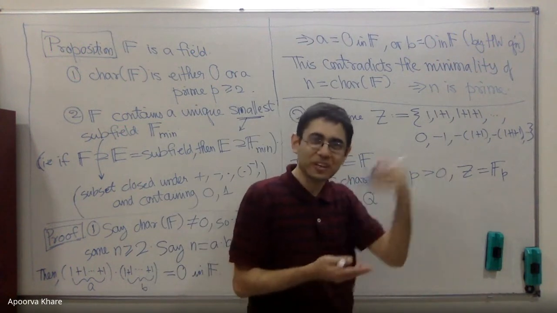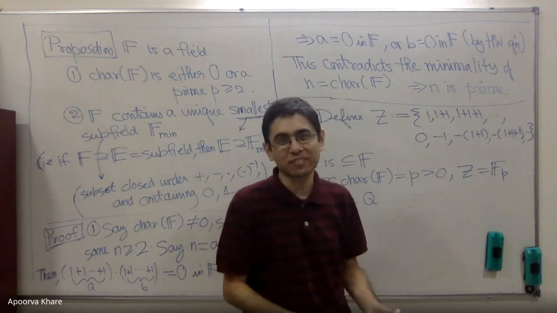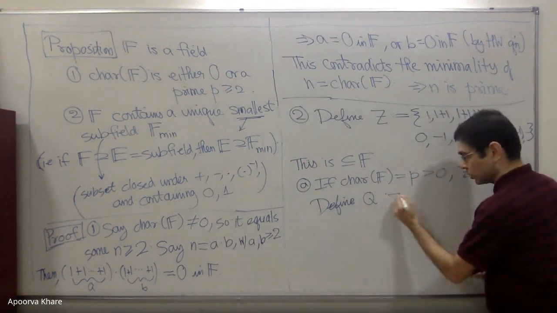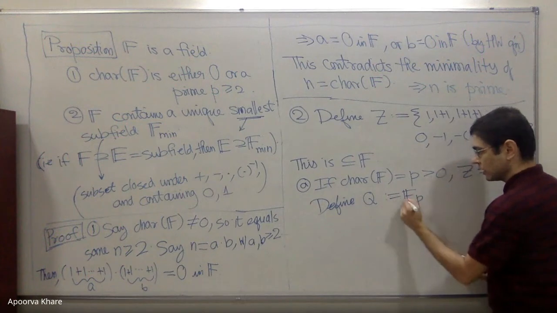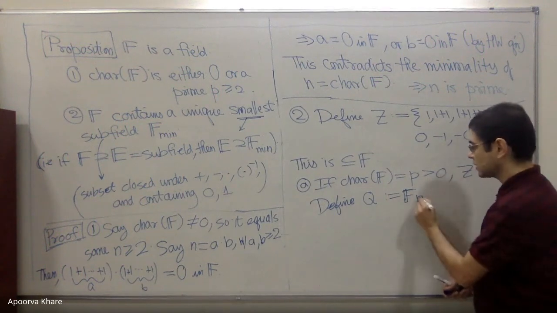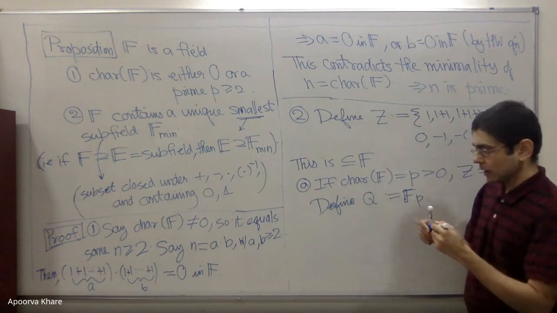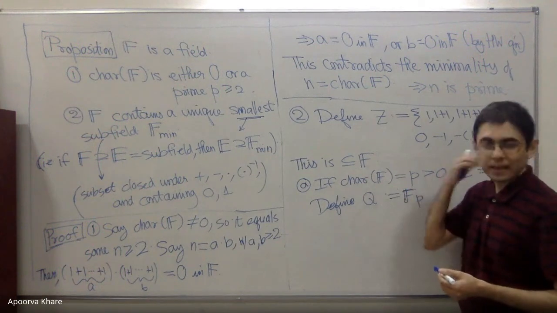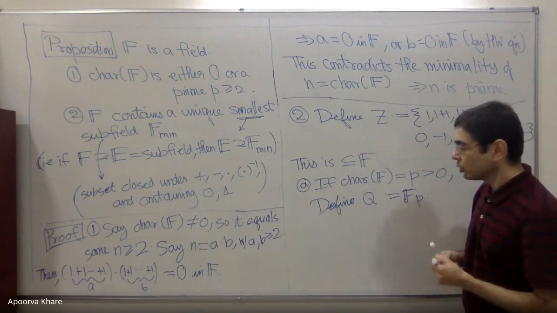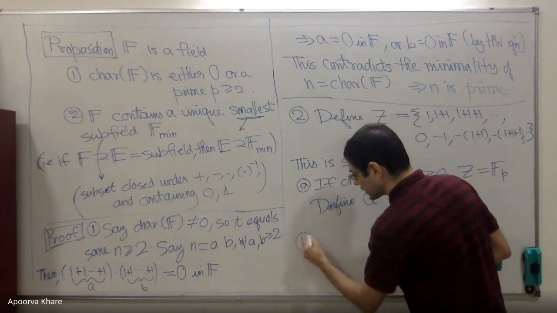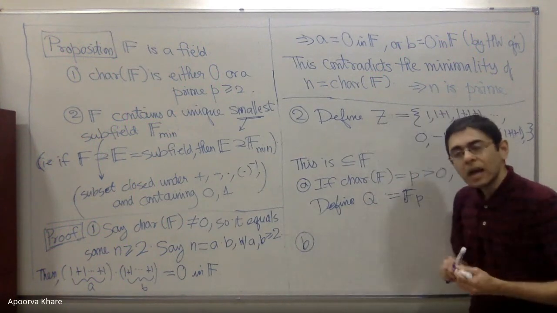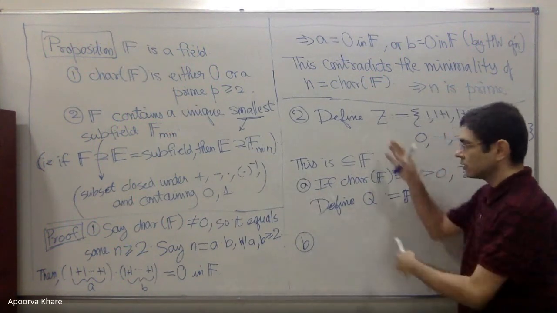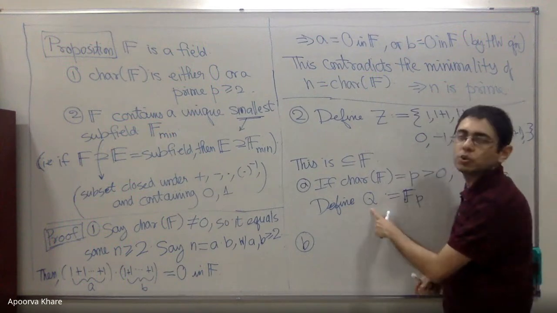So if you take ratios of things in the field, you still get itself. So define that to just be equal to Fp again. This is the case when the field F has positive characteristic. I'm going to do the same definition first for the characteristic being 0, and then I will work not with the field separately but with this Q.